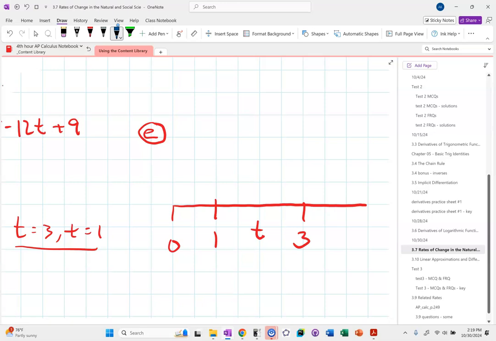So from 0 to 1, we're moving forward, right? At 1, we turn. How do I draw this again? I always forget how to do this. Like below the x-axis, right?